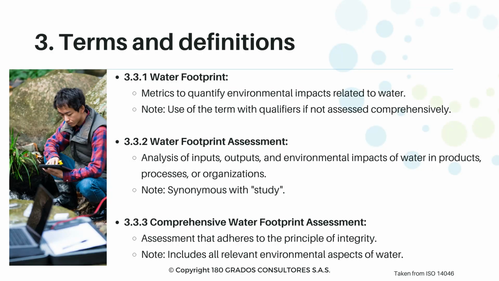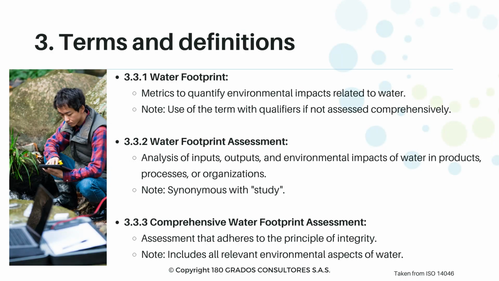It's important to note that if impacts are not assessed comprehensively, the term should be used with specific qualifiers such as water footprint for scarcity or water footprint for eutrophication to clearly indicate the category of impacts assessed. Okay, very important to understand this.